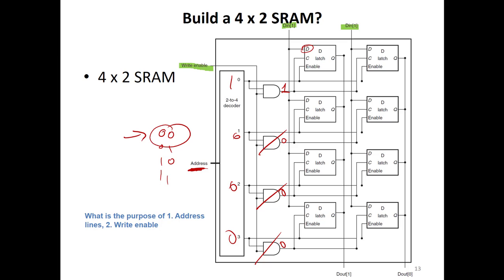And if we do select that AND gate, and if we do say right enable, a 1 ends up going into the clock of both of these two latches. And so what comes out will be a 2-bit value from the left and from the right. And that value that comes out will be whatever was stored in there.